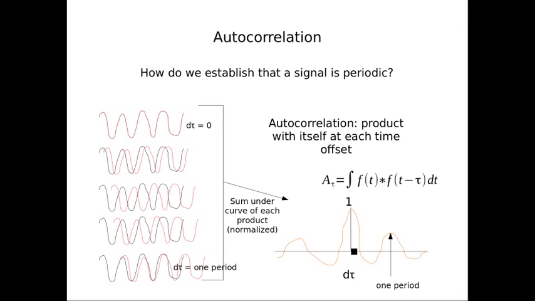So based on this graph, we can tell that here is the time length of one period. And so we can express the autocorrelation at each time as the integral of f of t times f of t minus tau dt. And we compute this for each point d tau.